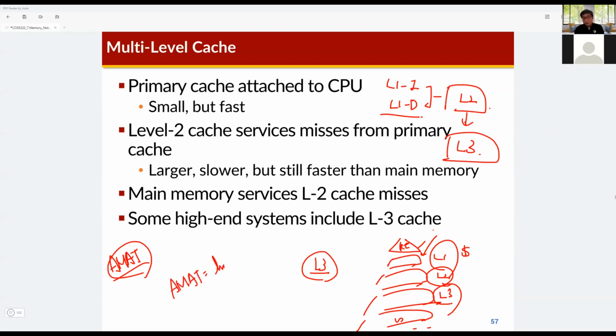It's the hit time plus the miss rate multiplied by the miss penalty.